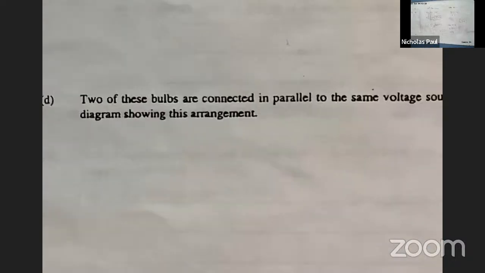That's nice, but they are not. 2 bulbs, circuit diagram.